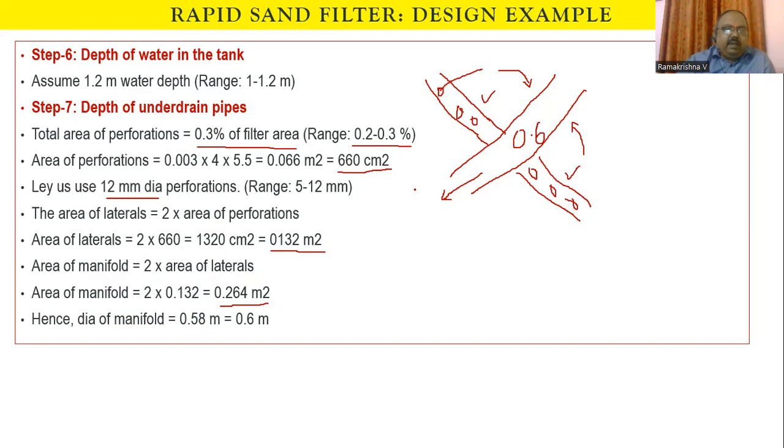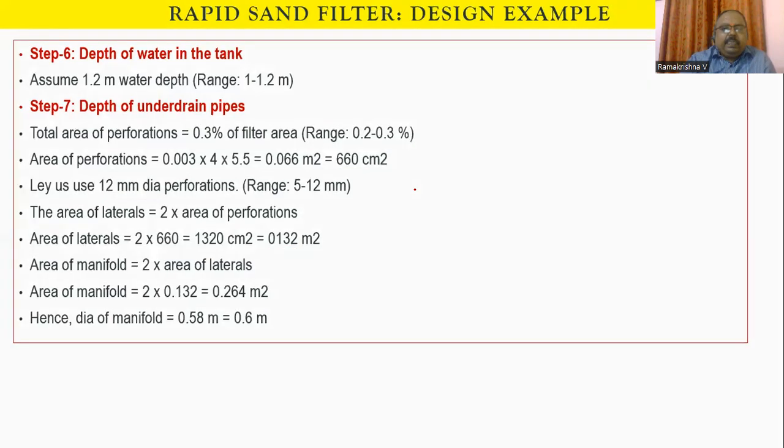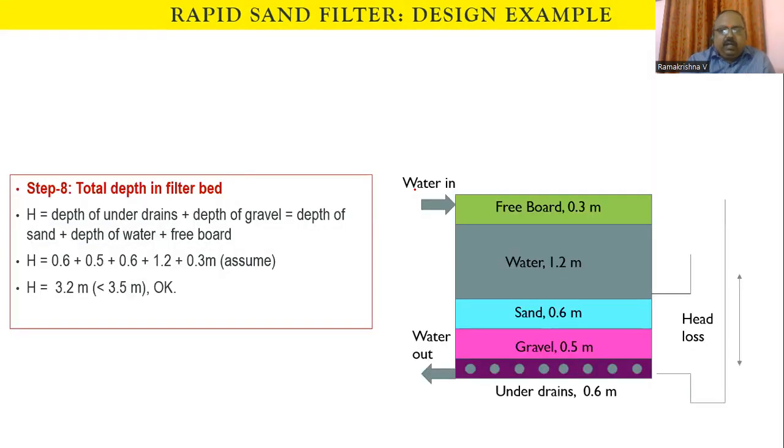How have we calculated it? The total area of perforations is based on the filter area, and based on that we assume some diameter of the perforations. Then we calculated the area of laterals, then the area of manifold, 2 times the area of laterals. Once you calculate the area of manifold, you have the diameter of the manifold. So now after doing all the calculations, what we are supposed to do is come out with the final depth of the sand filter.